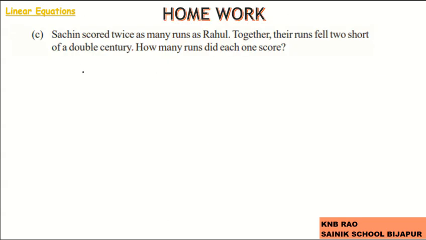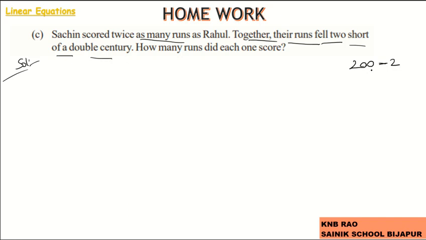Coming to the sub question C. Sachin scored twice as Rahul. Together their runs, together means sum of their runs, fell 2 short of double century. What is the meaning of 2 short of a double century? You know, double century is nothing but 200, and in that 2 fell short. 2 fell short means 2 is less than that.